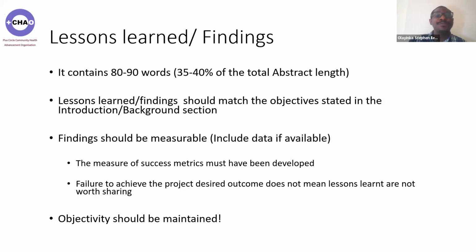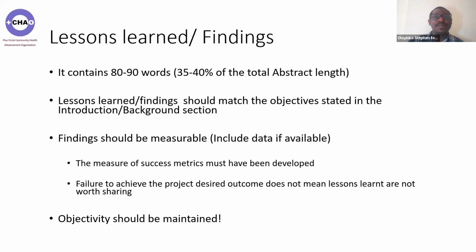Now, after the description, we move to lessons learned or the findings. Lessons learned usually contain about 80 to 90 words, which is like 35 to 40% of the total abstract length. Now, I told you that this description should also be about 1/3, like 30 to 40% thereabouts.